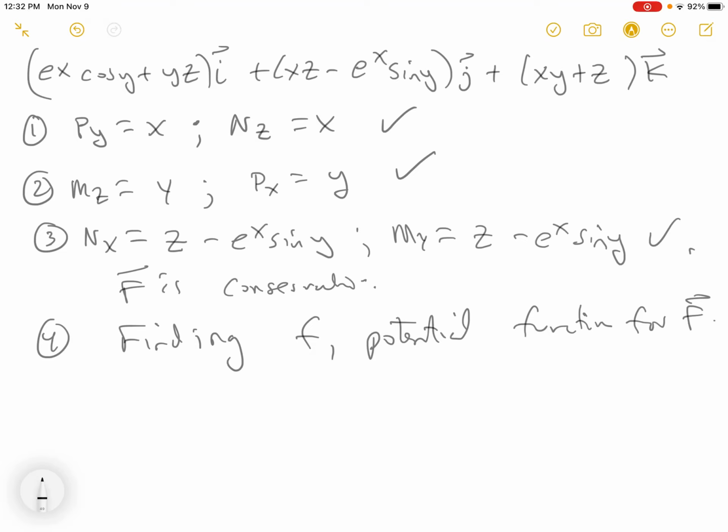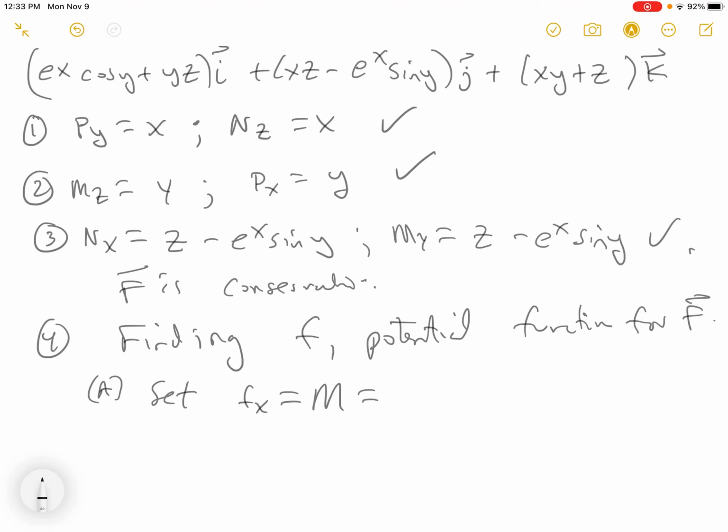But here we go. So A, set f sub x equal to M, right? Because that's what this means. If we had cap F already, to find del f, we take the x partial.